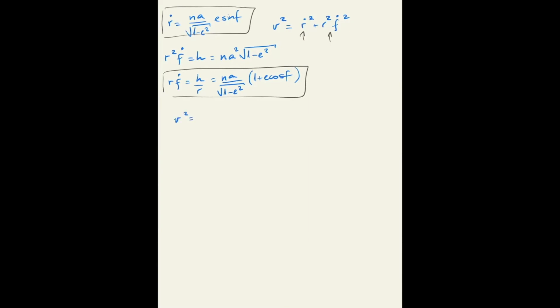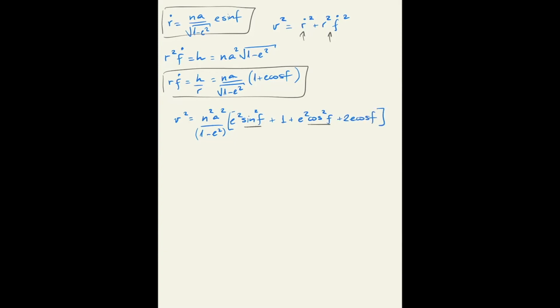and you find v squared is equal to n squared a squared over 1 minus e squared, times e squared sine squared of f, and then you square this term and expand it, plus 1 plus e squared cosine squared of f plus 2e cosine of f.